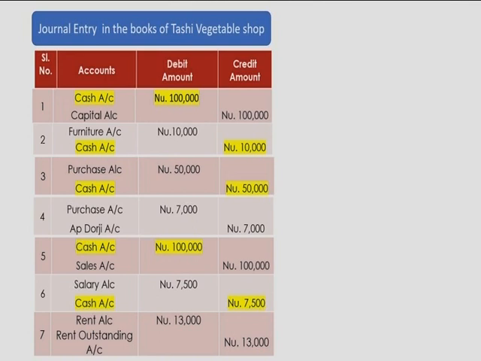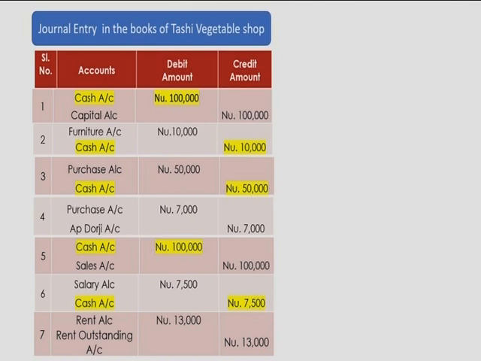So this is the journal entry for the Tashi vegetable shop, and then from this journal entry all the accounts have to be transferred to ledger accounts. Look at the yellow highlighted part. It is all about cash. How is cash getting recorded on debit and credit side? When you sell something and when the cash comes in, when cash increases, it is recorded on the debit side. When cash goes out, cash is decreasing, right?